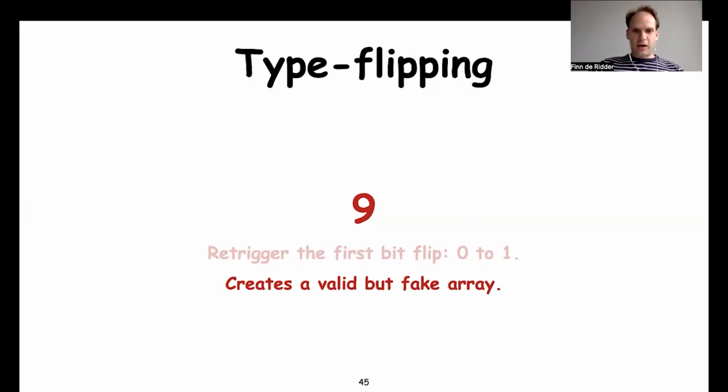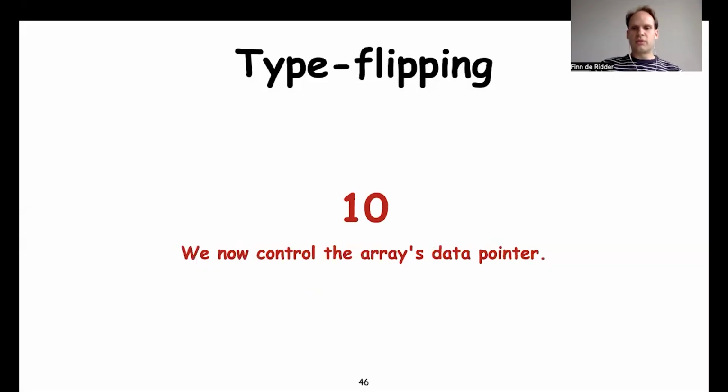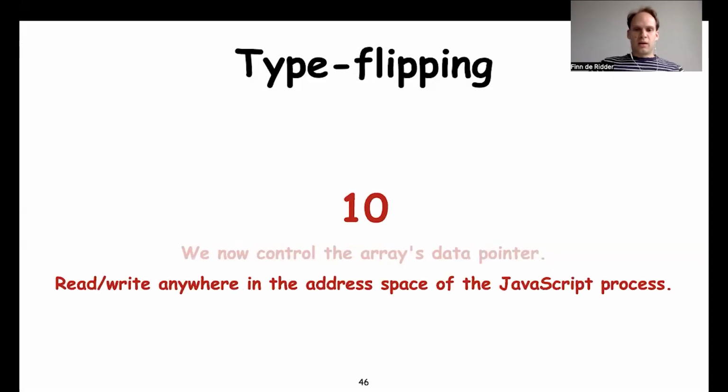But now we are able to create a valid but fake JavaScript array. So we have created an array of which we control the data pointer. So we can read and write from this array, but at the same time we can decide what the array is reading from. And this is effectively a read-write primitive. So we control the array's data pointer, which normally is not possible, of course, and this allows us to read and write anywhere in the address space of the JavaScript process.